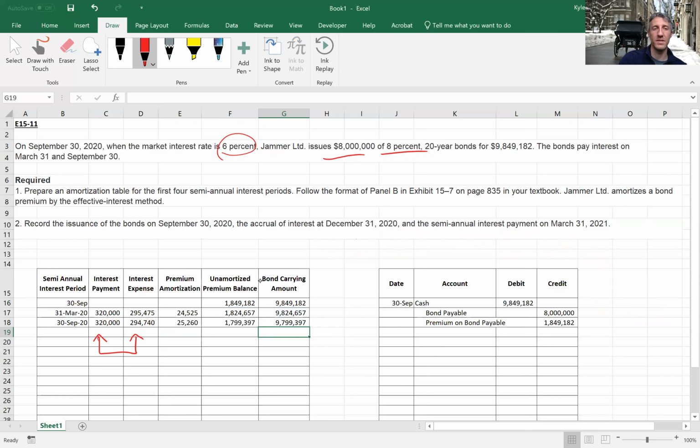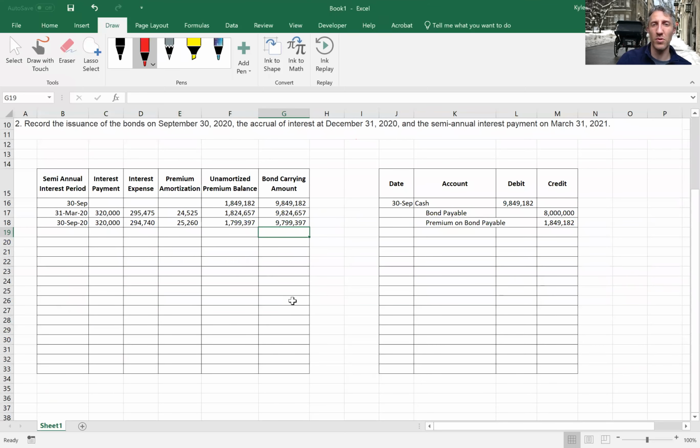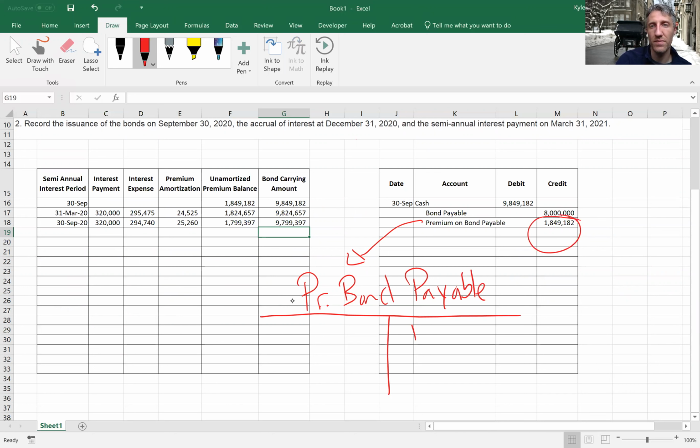Now it's fairly obvious I didn't plan too far in advance here, because what I'm going to do, just to illustrate this point home again, is put this premium on bond payable in a T account. So premium on bond payable. The original journal entry we did was a credit for 1,849,182. What would happen here is, and I'm ignoring any year-end or accrual considerations, we've amortized some of the premium.